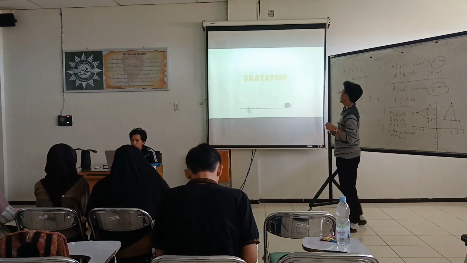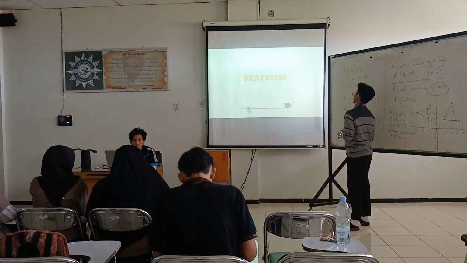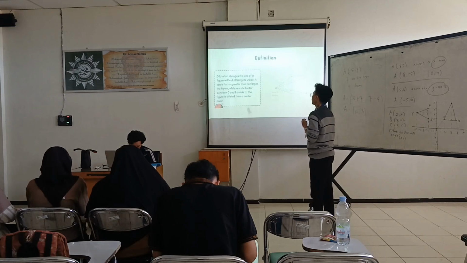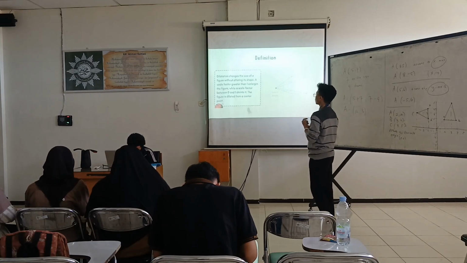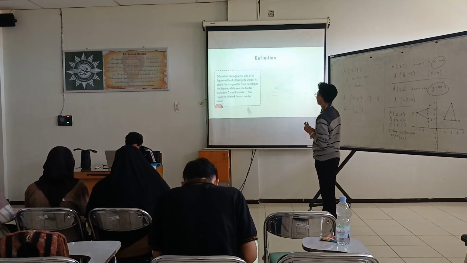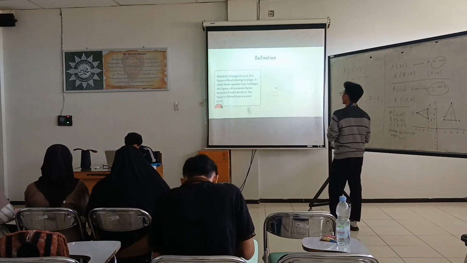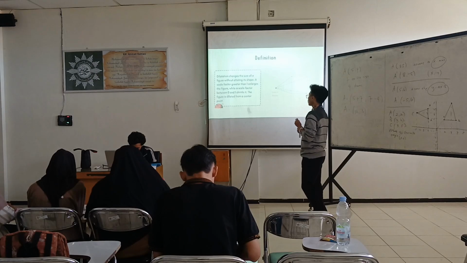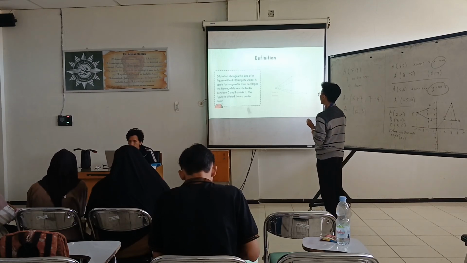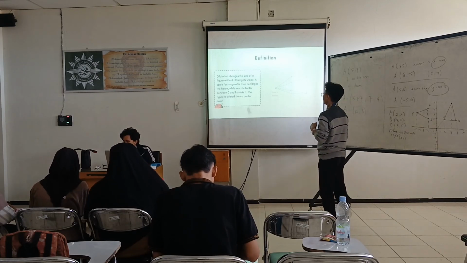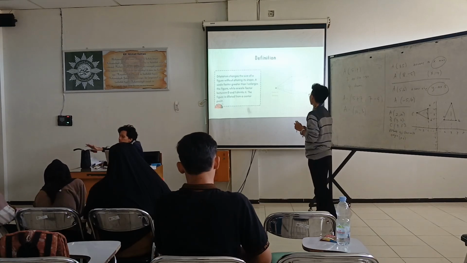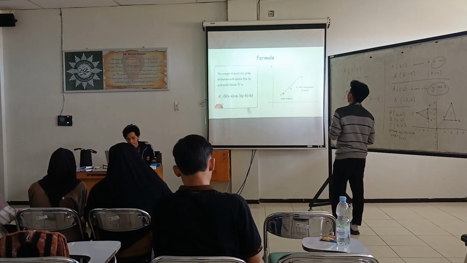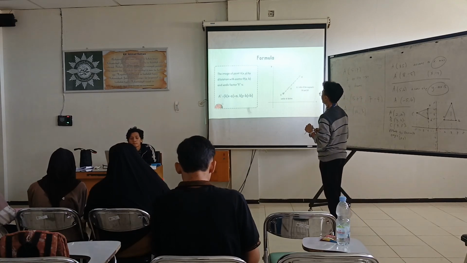So the last one is dilatation. Definition of dilatation: dilatation changes the size of a figure without altering its shape. A scale factor greater than 1 enlarges the figure, while a scale factor between 0 and 1 shrinks it. The figure is dilated from a center point. So this is the formula of dilatation.